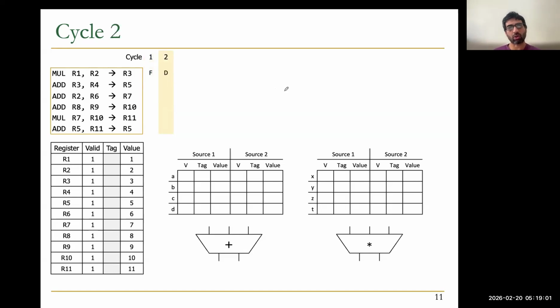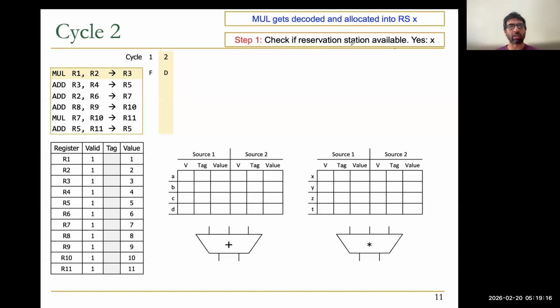When an instruction is in the decode stage, we need to decode the instruction and allocate it into a reservation station, right? How are we going to do this? First, we will check if a reservation station is available. Since this instruction is a multiply, we'll check if the reservation station for the multiplier is available. Yes, all four stations are empty.